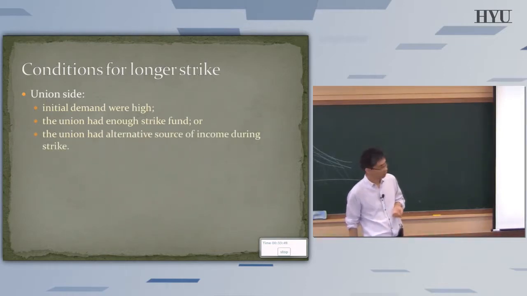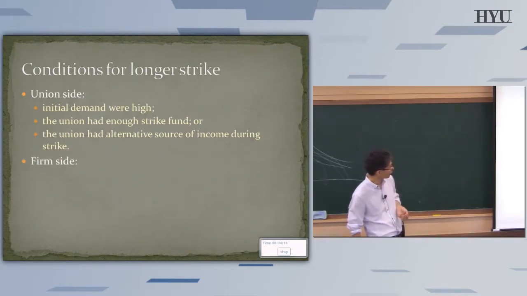And the same thing basically: the union had an alternative source of income during the strike. So not only from the strike fund; sometimes the union members actually work part-time during the strike to make up for the loss of earnings. If that is possible, then the union can have longer strikes.